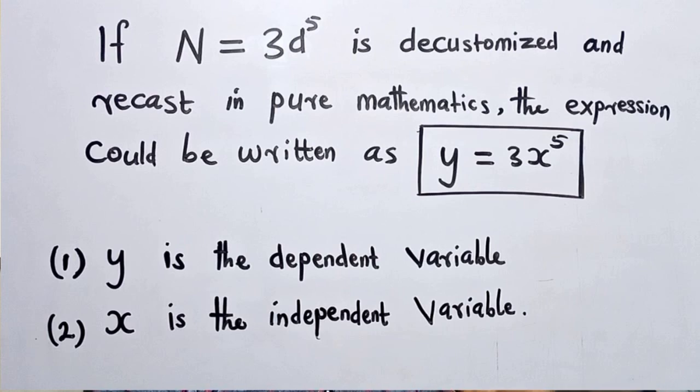But this one, Y is equal to 3X raised to the power 5, if you are told to solve it without prior information as to the importance of what Y means and what X means, you will not have the endurance, the spirit to persevere, to keep solving it until you get the correct answer, because of the stress and headache associated with the process. And what more, you don't know why you're solving it. So why must you die in the process? So knowing why we solve equations makes us persevere in solving them.